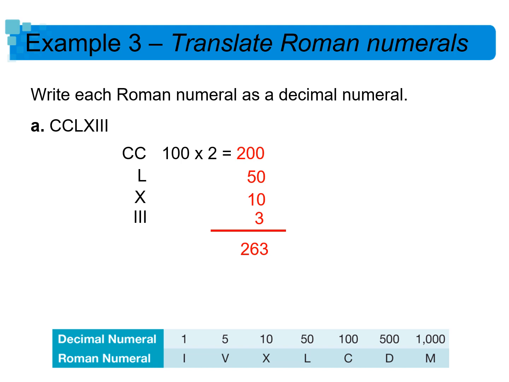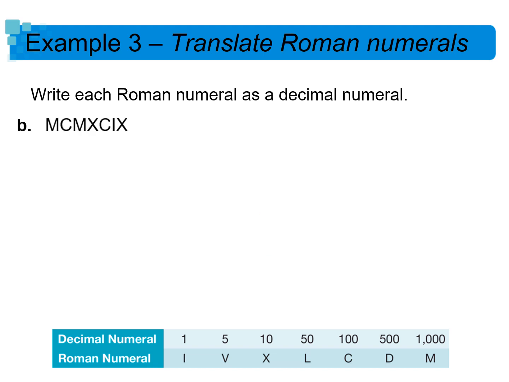Let's look at another one. In this example, we've got a good bit going on. You kind of have to read this from left to right, and you have to realize we're going to have to use our subtraction principle. So MCM, XC, IX. The way that I'm going to write this, I grouped them in this way: I wrote M and then CM.